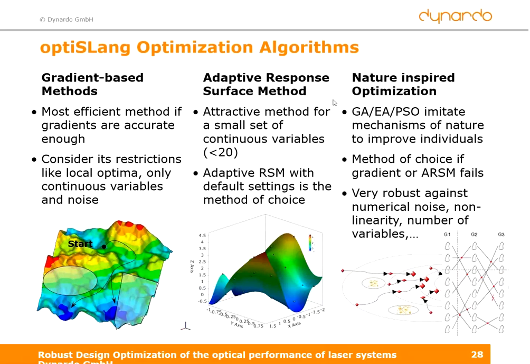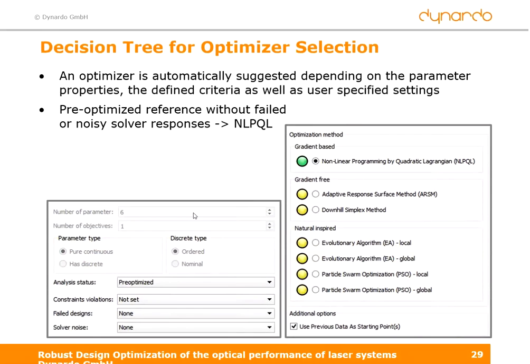But you don't have to worry about the choice of the optimizer, because in optiSLang we included a decision tree to select the optimizer which is the most suitable one. So we have some intrinsic information available about the number of parameters and the type of parameters, and you as user can now select how high your solver noise is, if you have failed designs, and so on.